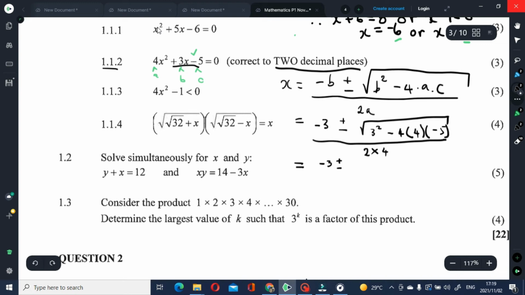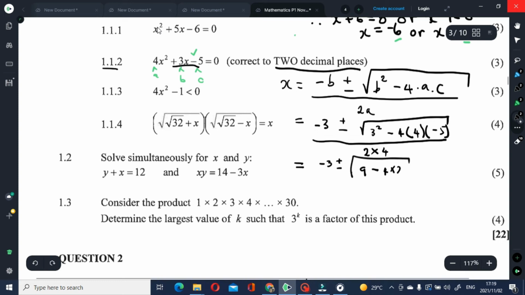And then we have minus 3 plus or minus the square root of 9 minus, a lot of learners say 4 plus 4. One should be very cautious there. Well, let's start with 4 times 5. Oh, oops, let me just correct that.